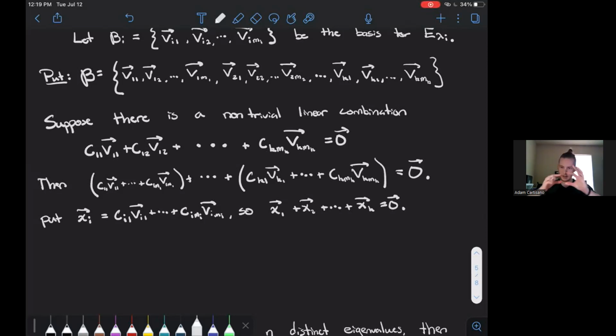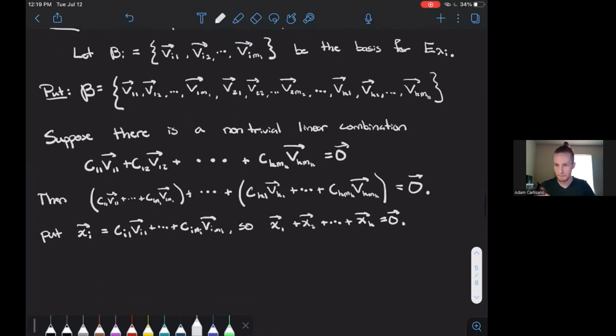I've listed out this gnarly long linear combination, and I'm assuming that it's non-trivial. In other words, one of the coefficients, God knows how many there are. Well, actually, I know exactly how many there are. There are n, because A is an n by n matrix, but broken up in this insane way. So we're assuming that at least one of those coefficients is non-zero.